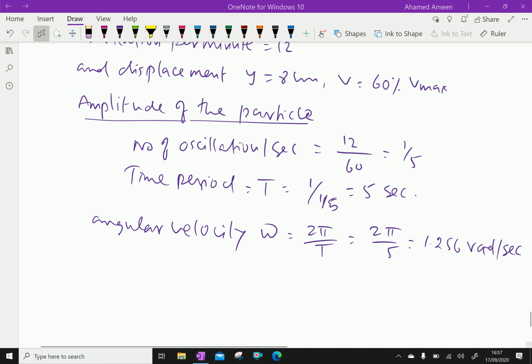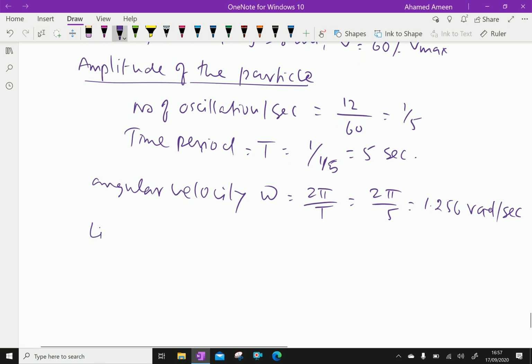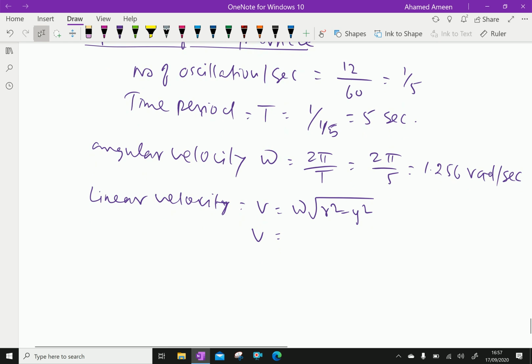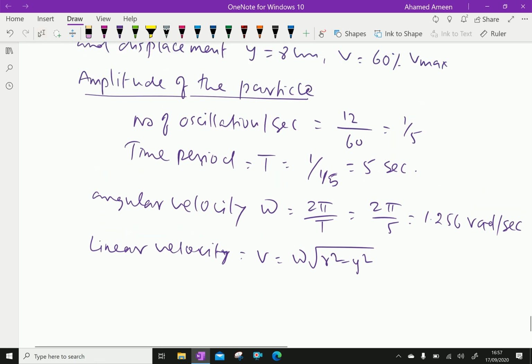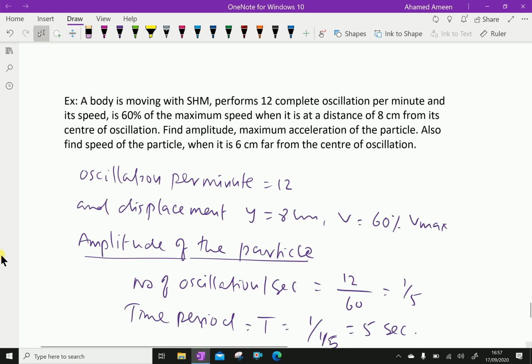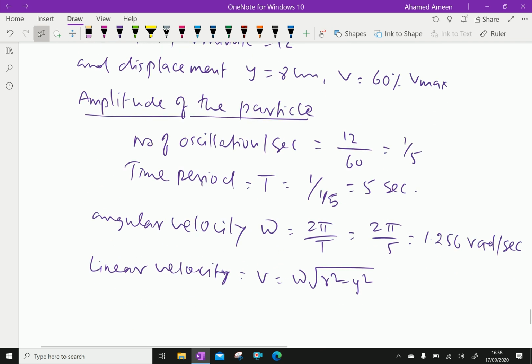Now, linear velocity v equals omega square root of r squared minus y squared. But v is 60% of its maximum.